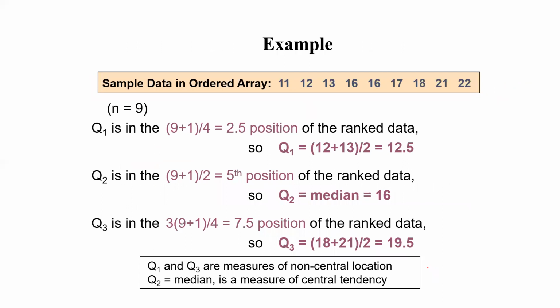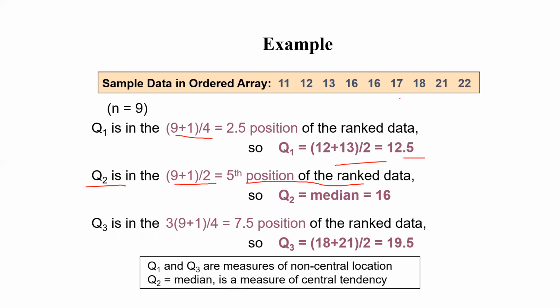Now the next point: if the same data is given and we want to find Q1, we use (n plus 1) by 4, and the same way we get 12.5. For Q2 we want (n plus 1) divided by 2, the fifth position of the ranked data. So this is the 5.